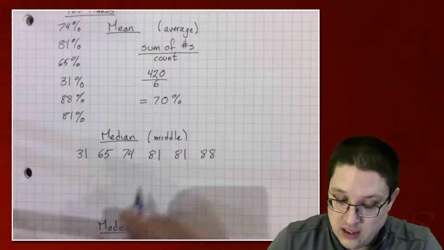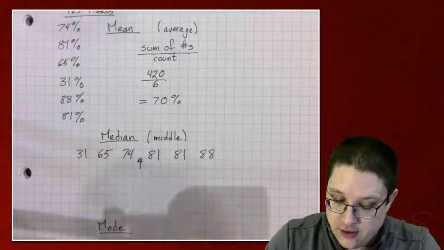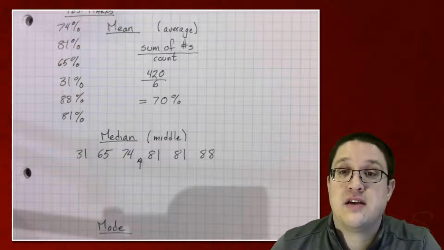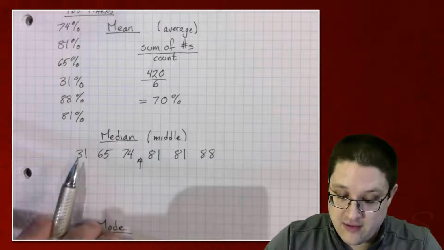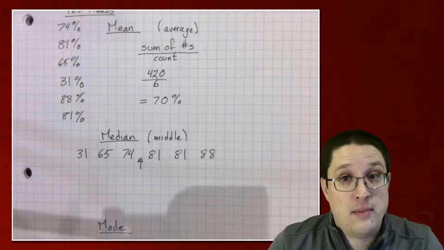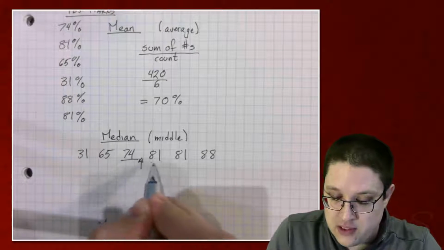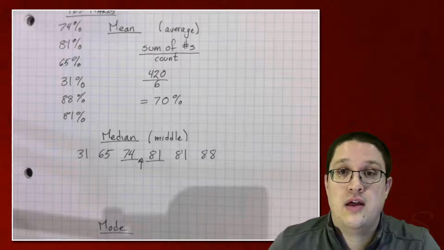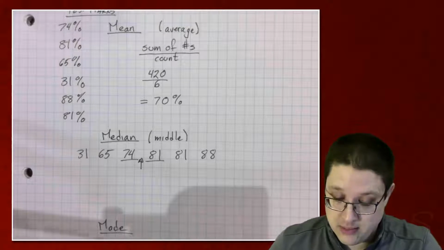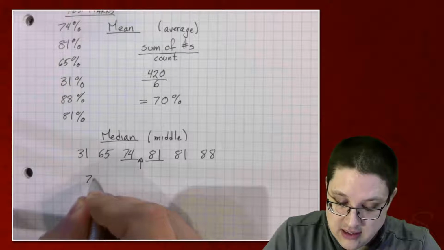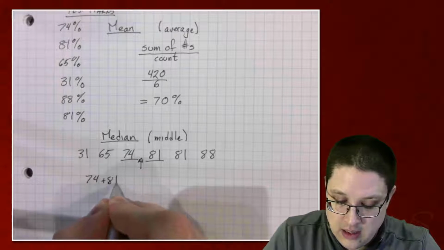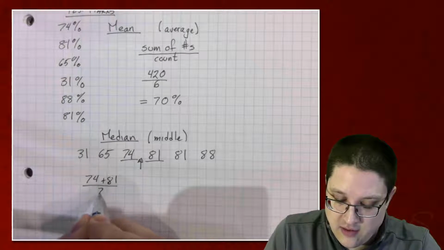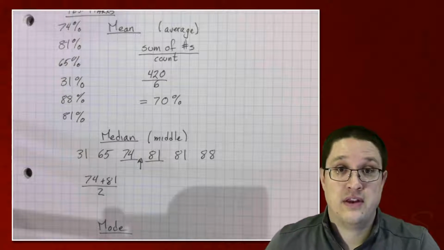Now, if I take a look at these, the middle here would be right in between 74 and 81. If I have an odd number of scores, there will be one number in the middle, but I have an even number, so I have two numbers here. I want to find the halfway point between them. I'm going to take 74 plus 81 and divide that by 2 to split the difference.